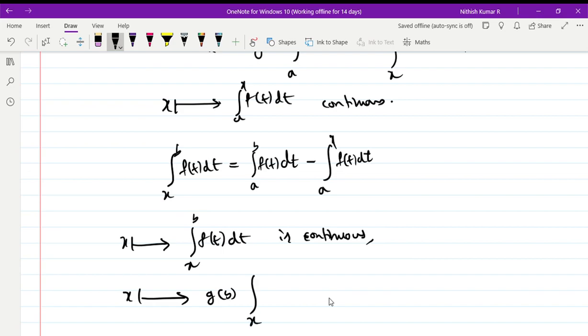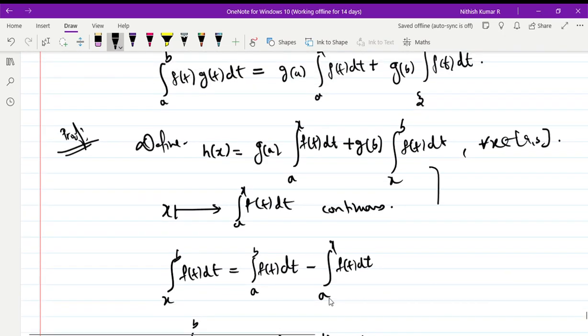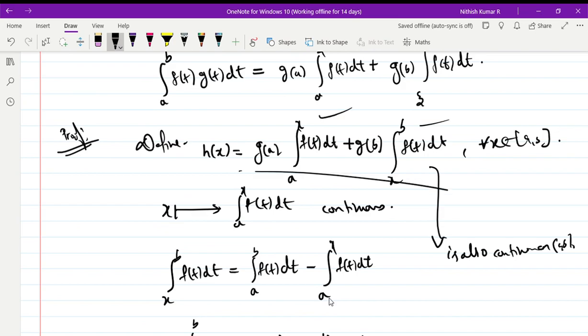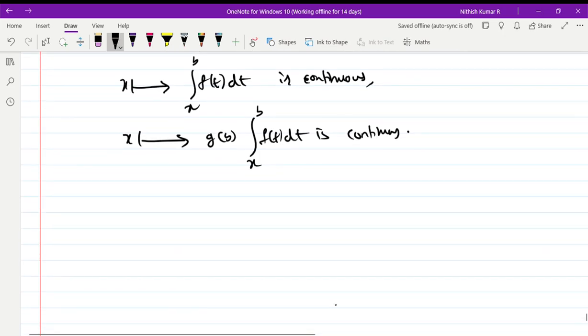Hence x going to g(b) times the integral from x to b of f(t) dt is continuous. Therefore h of x is also continuous on the closed interval [a, b].